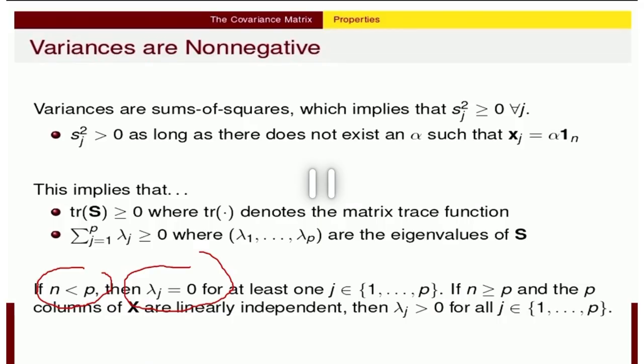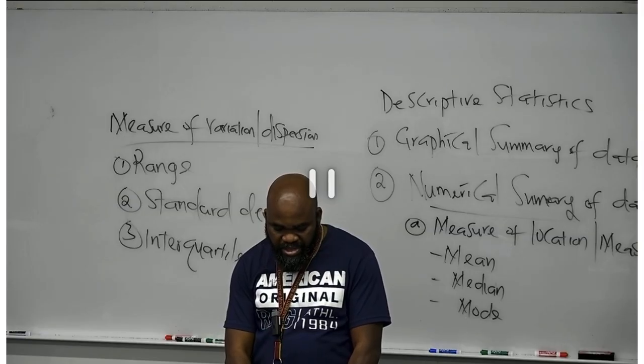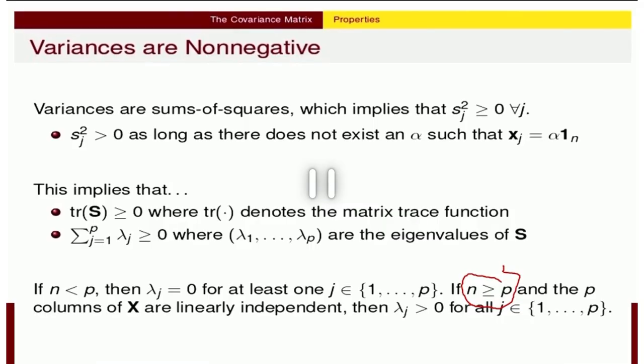But in a situation where that doesn't occur, where the number of observations is greater than or equal to p, then we expect every variance to be strictly greater than 0. That is exactly what it's trying to say. Because when it is strictly greater than 0, we're going to say that it is linearly independent.